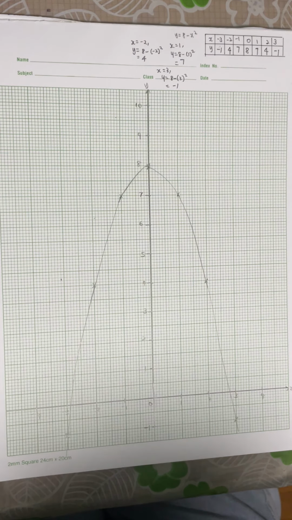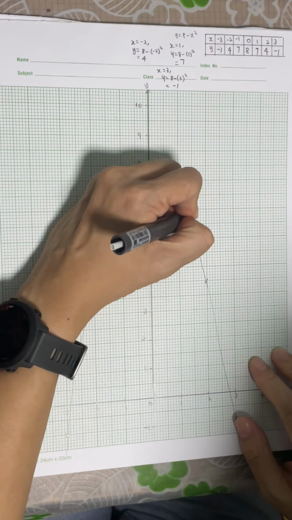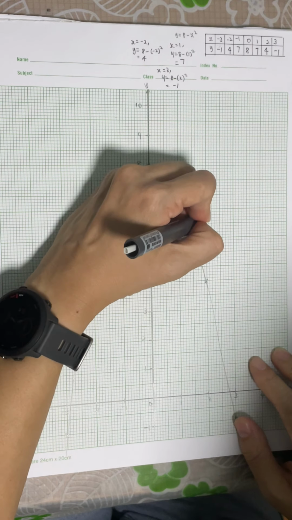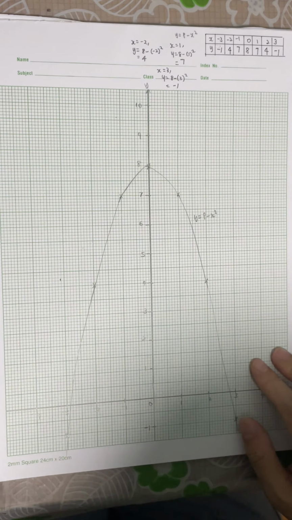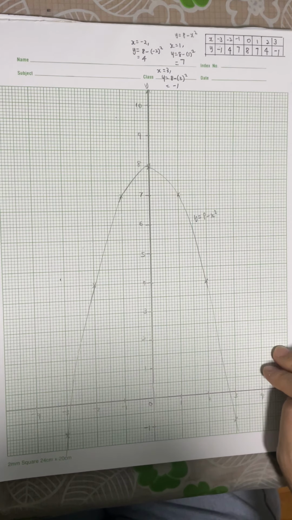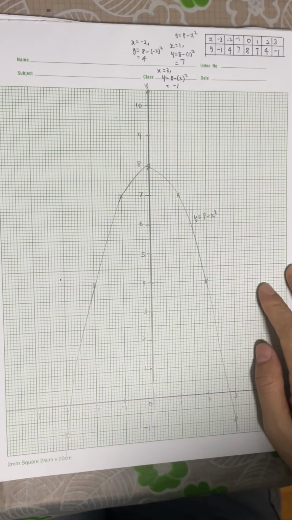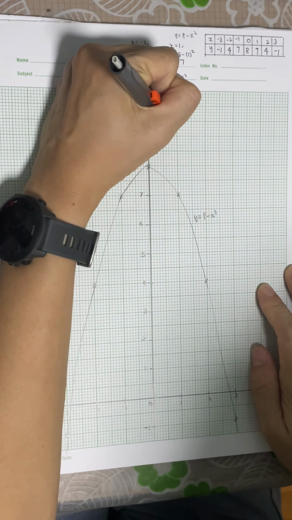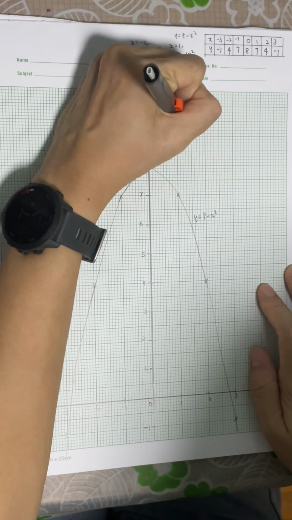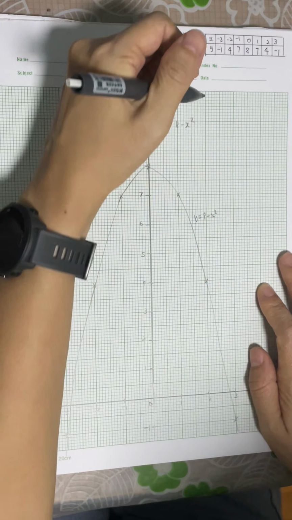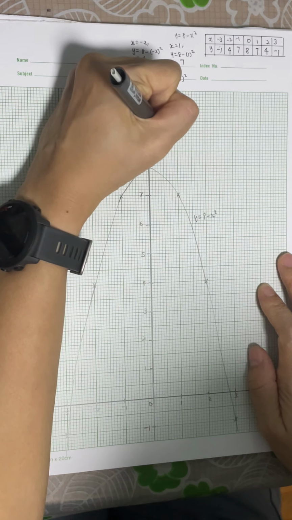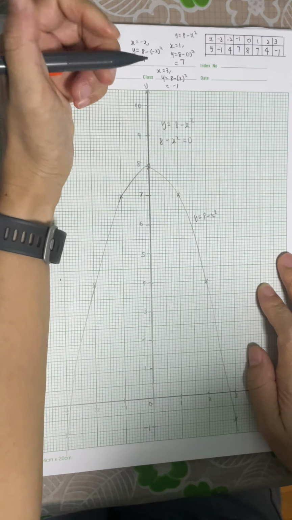What I'm going to do is label it: y equals 8 minus x squared. And hence solve the equation 8 minus x squared equals 0. Now since y equals 8 minus x squared, how do we solve 8 minus x squared equals 0?